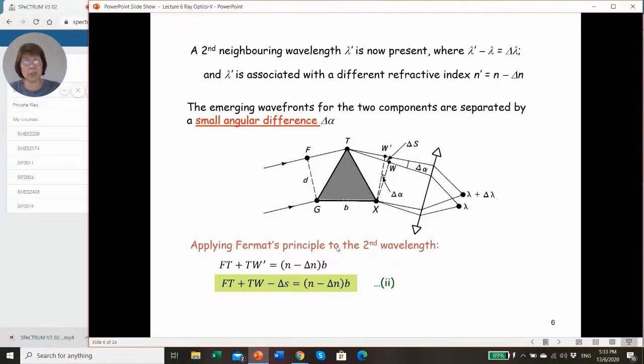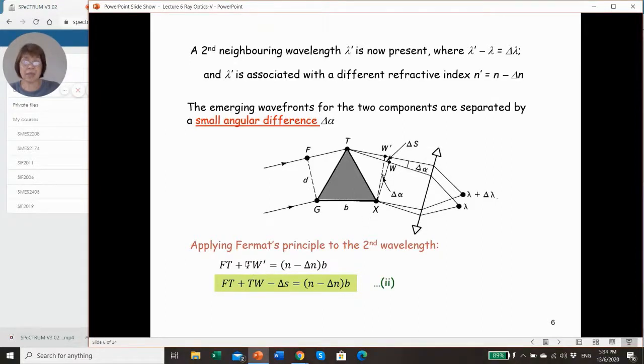Applying Fermat's principle to the second wavelength, we would get Ft plus Tw prime equals N prime, which equals N minus delta N, multiplied by B, this distance here.